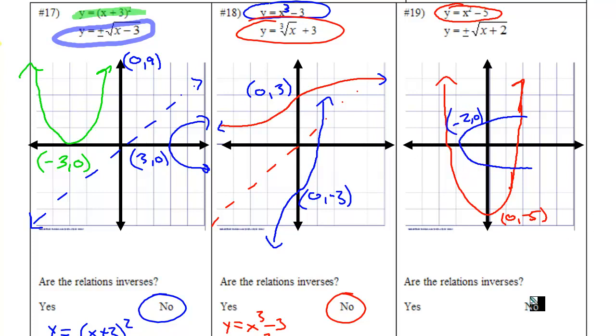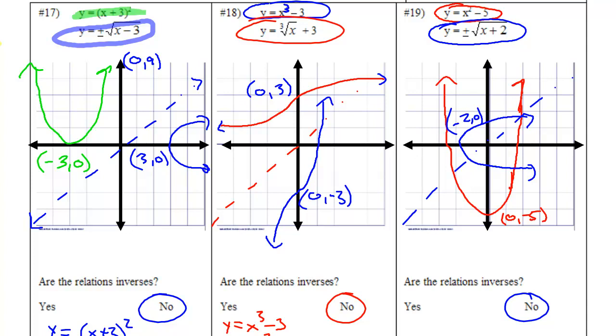Are these inverses? They are not. There are several reasons why. Once again, if you look at the diagonal y equals x, these are not mirror images of each other. Another dead giveaway: this vertex is (-2, 0), which means the red vertex should be (0, -2), which it's not.